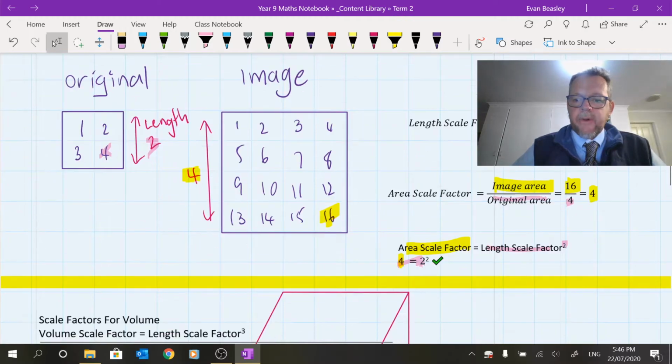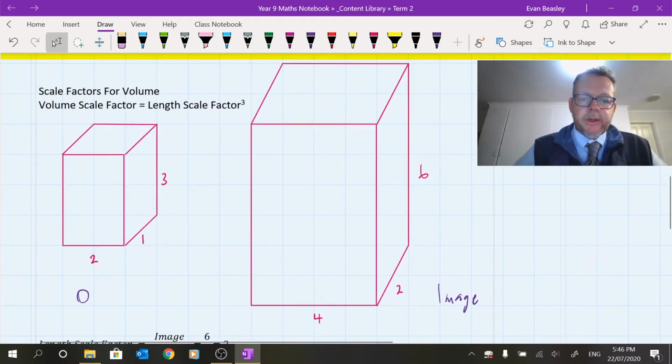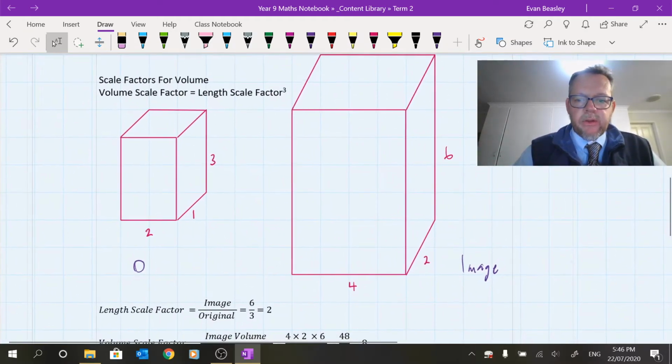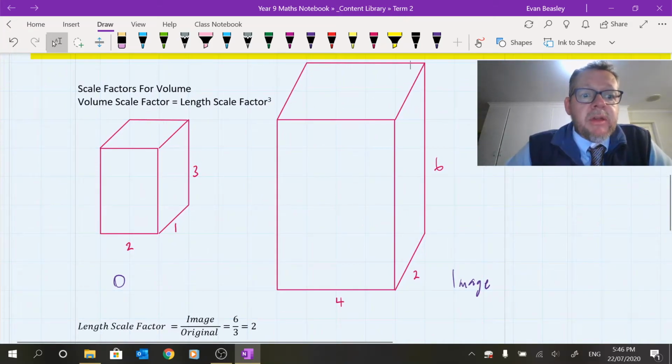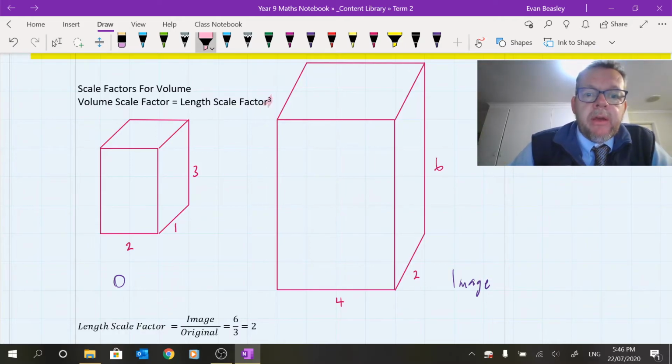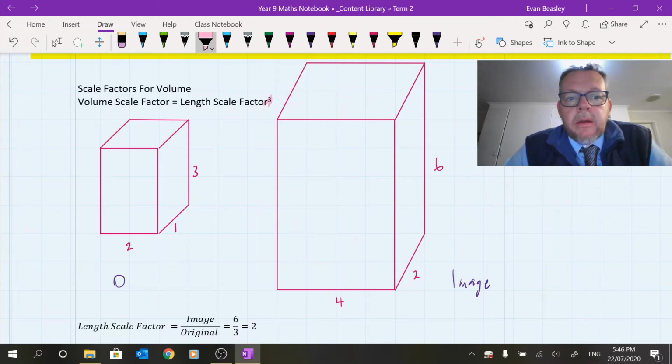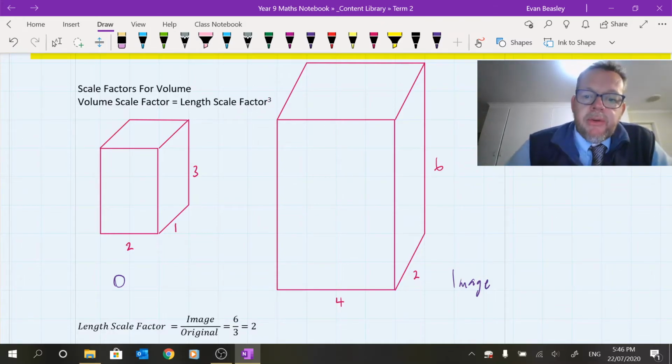Okay, now let's just have a quick look at volume, because that's also interesting, although it's not really required for today's lesson. So just remember, this volume scale factor is just the length scale factor to the power of 3. That makes sense, because length times length times length is going to be 3-dimensional, or to the power of 3.